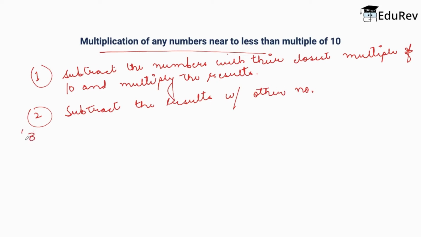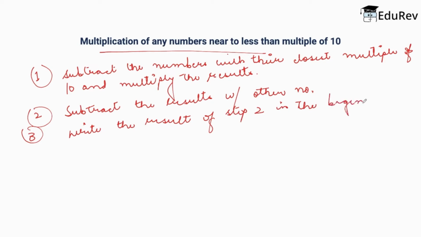Step 3 is that we need to write the result of step 2 in the beginning and the result of step 1 at the end.